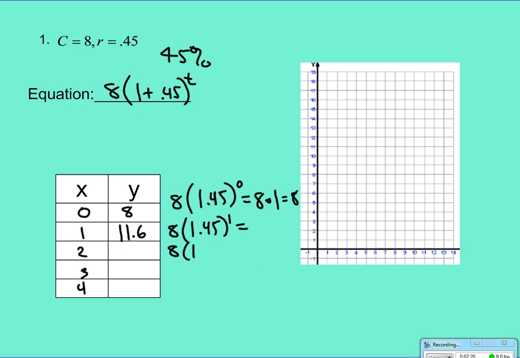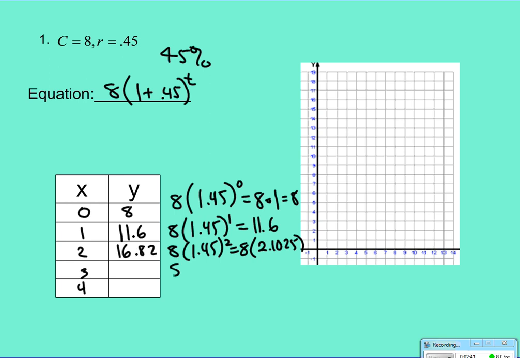So now as I go along here, I'm going to take 1.45 squared, and multiply that by 8. So that's going to be 8 times 2.1025, which is going to be 16.82.